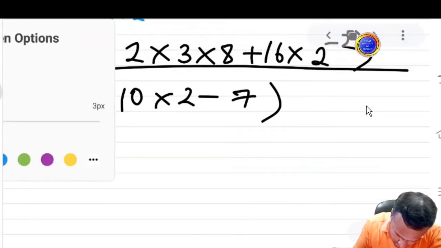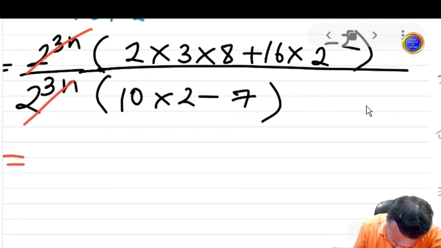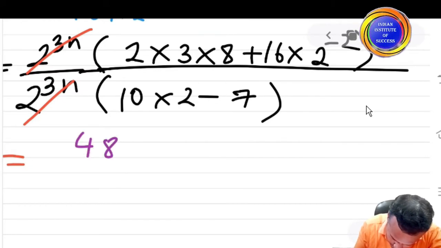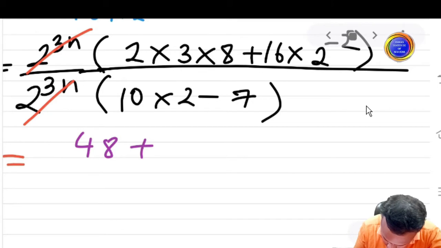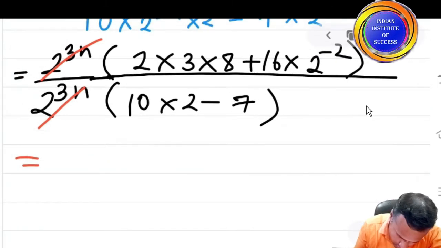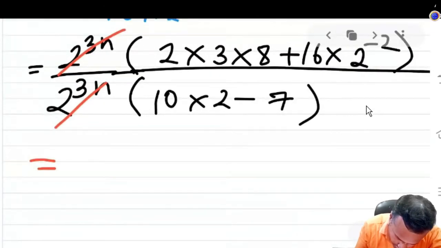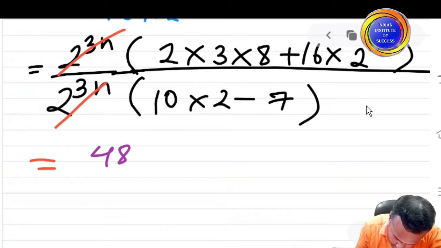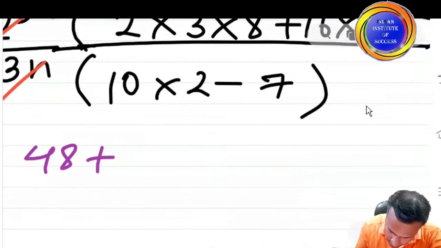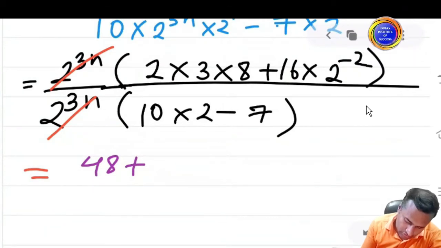2 3 is 6, 6 8 is 48, 48 plus 16. No need to put this. Okay, 16 into 2 raised to power minus 2.